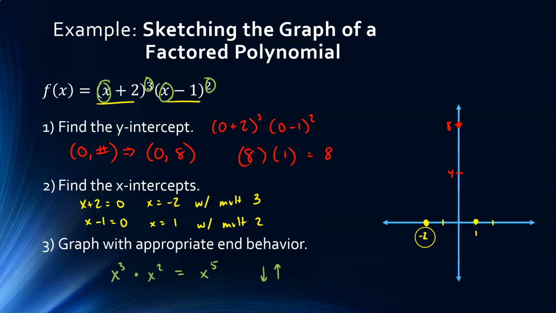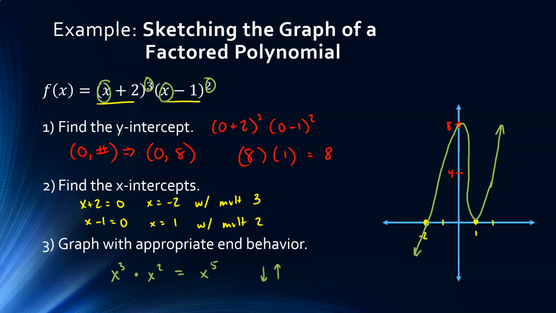So when I go to graph this, on the left side at negative 2, it's going to go down and to the left because it's at that x-intercept. It's got a multiplicity of 3, so it's going to pass through there. So then I'm going to draw a line going up. It's going to hit this y-intercept, and when it comes down, it's going to bounce, and then it's going to come back up. So our graph would look something like that.